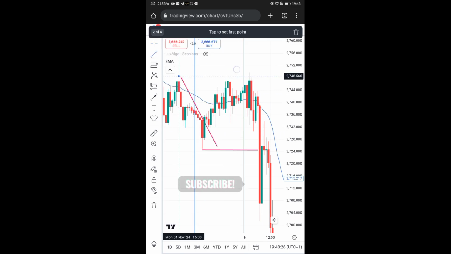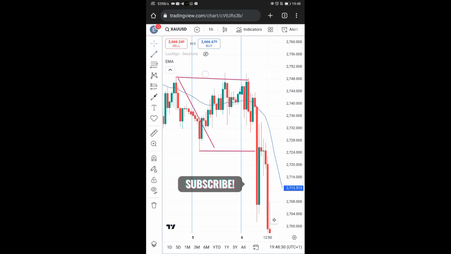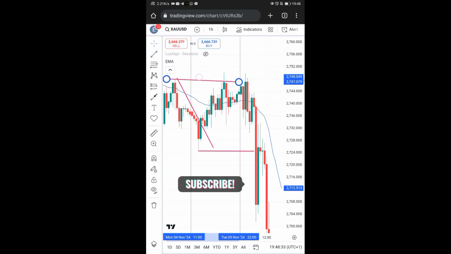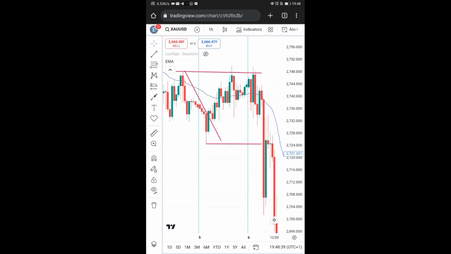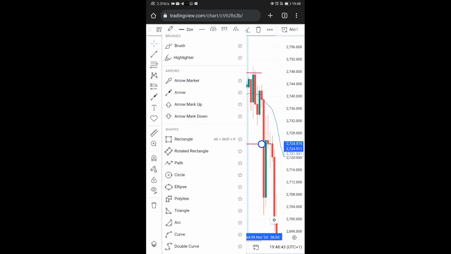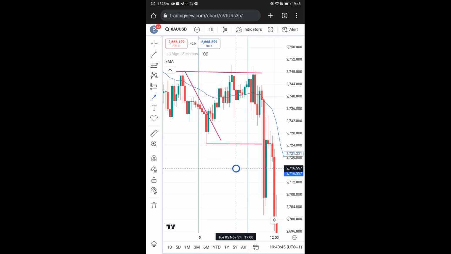You can see that we had a high right here, which the market wicks above without closing above it. So that was our high, and here was our low. We had a low right here and we had our high right here.